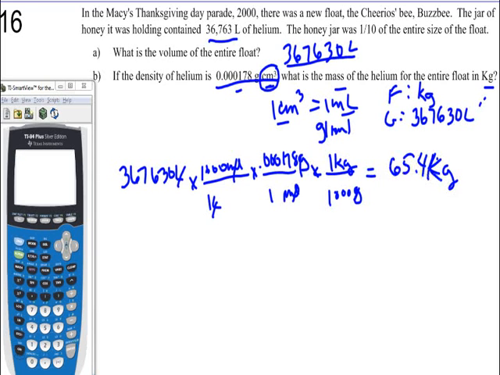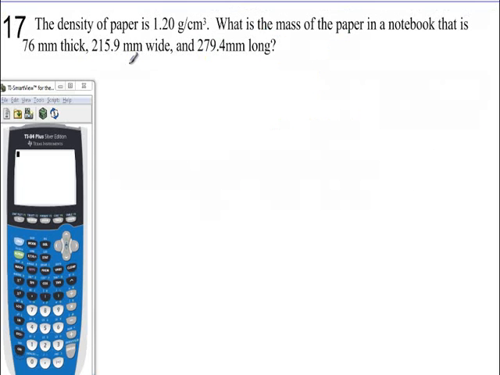Okay, let's take a look at number 17. The density of paper is 1.2 grams per centimeter cubed. What is the mass of the paper in the notebook that is 76 millimeters thick by 215.9 millimeters wide by 279.4 millimeters long?